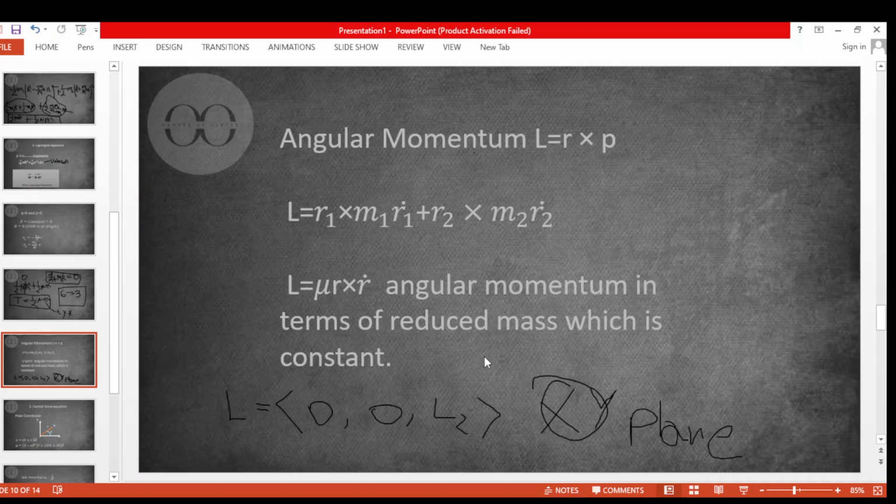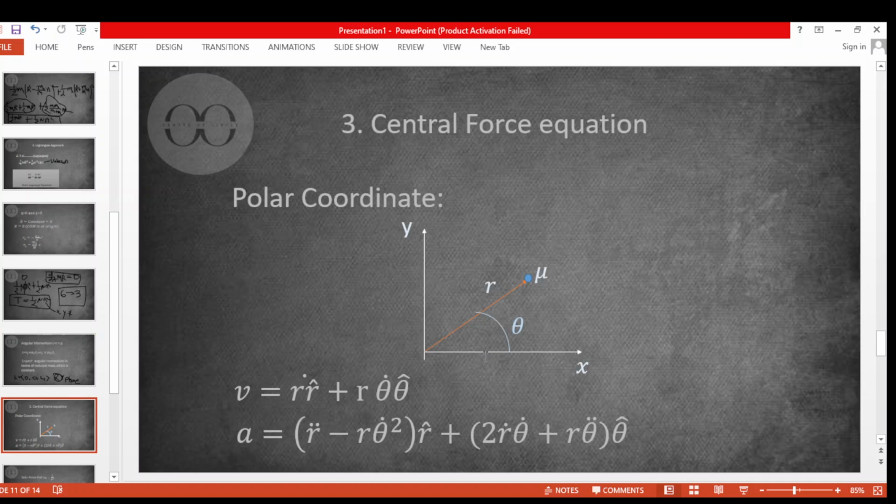That's how our second topic of today's lecture ends. Now we will look into the third topic of today's lecture. Our goal was reducing the two-body problem into a one-body problem. Thus, we first reduced the degrees of freedom of the equation. It was a 6 degree of freedom equation.